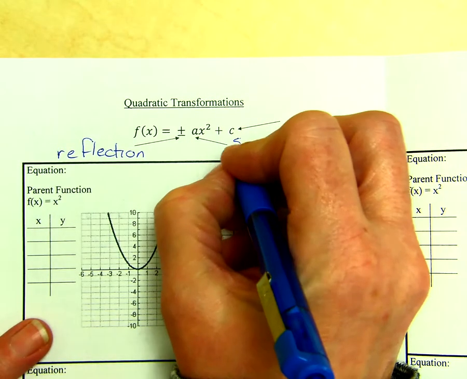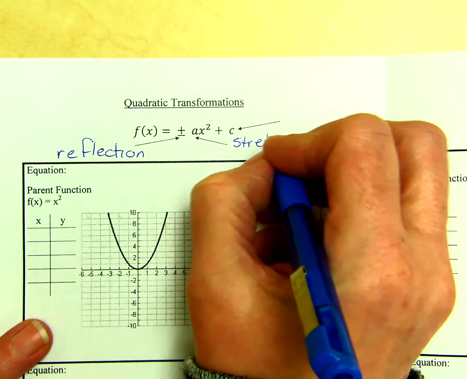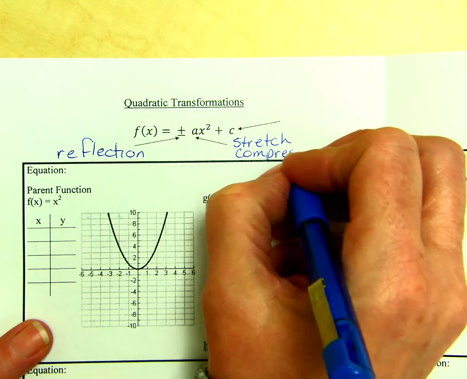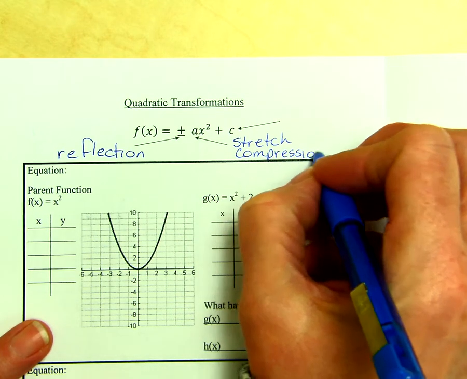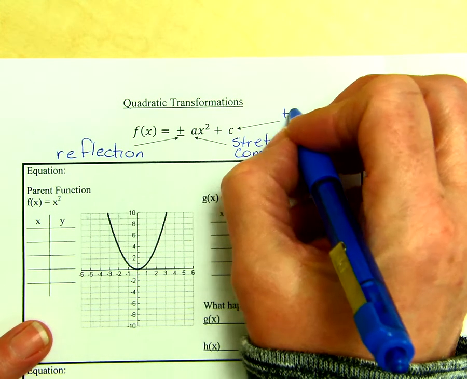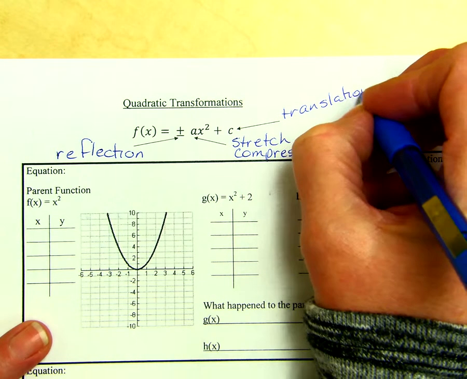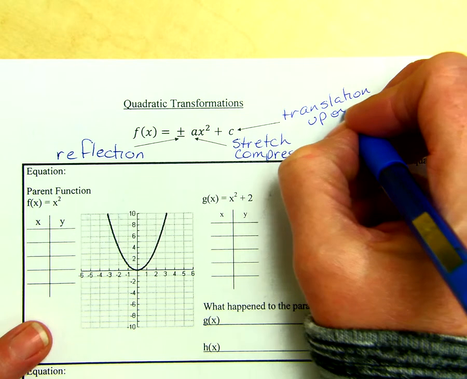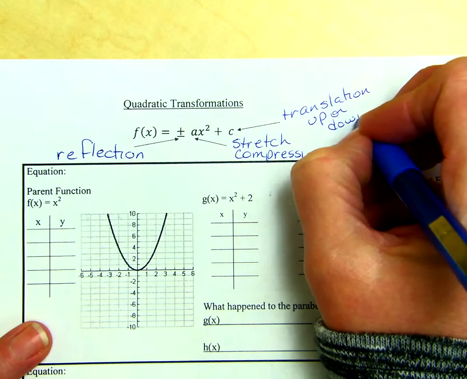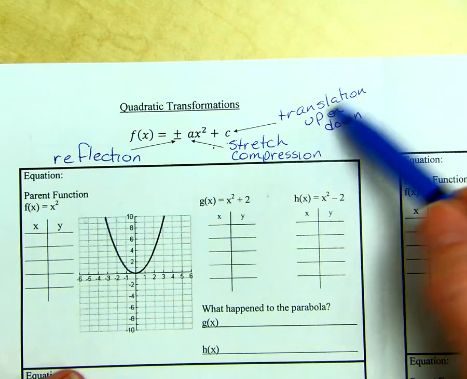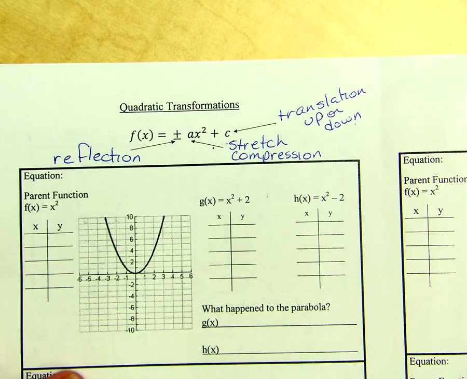The a tells us whether we have what is called a stretch or a compression. And then finally, c tells us if we have a translation. And that translation is either up or down, depending on the value of c. If it's positive, the graph goes up. If it's negative, the graph goes down.